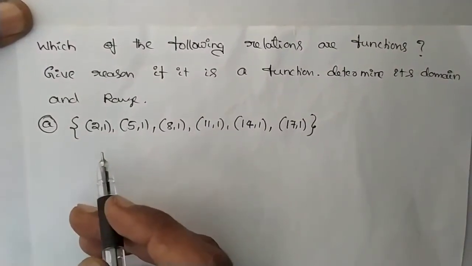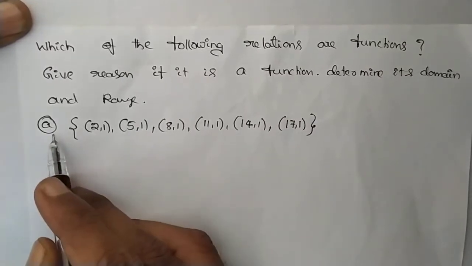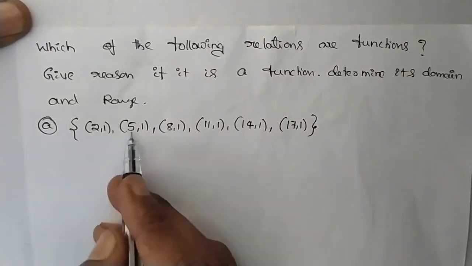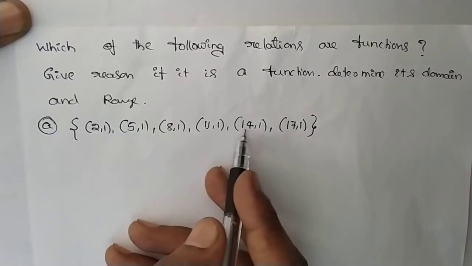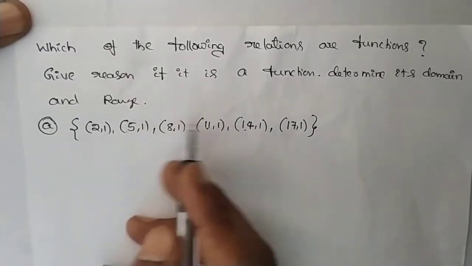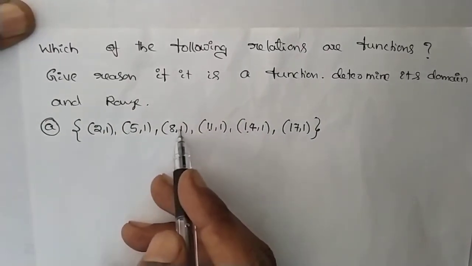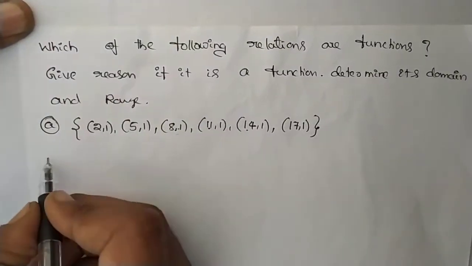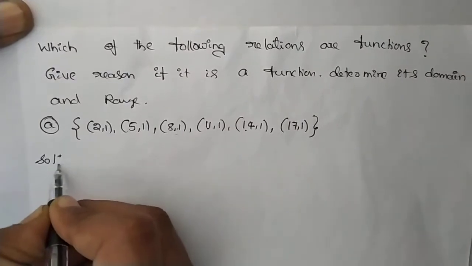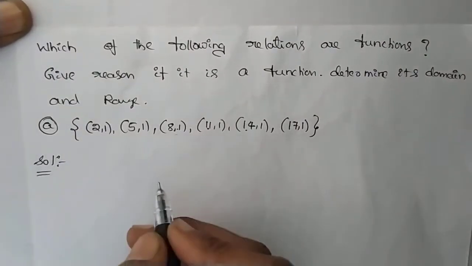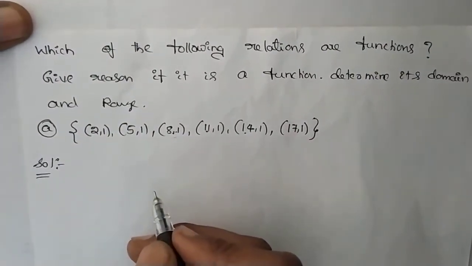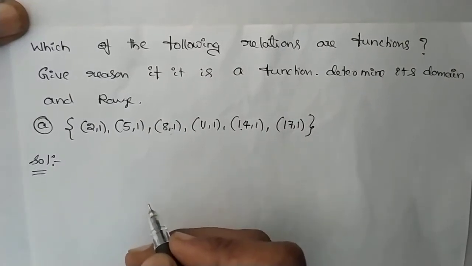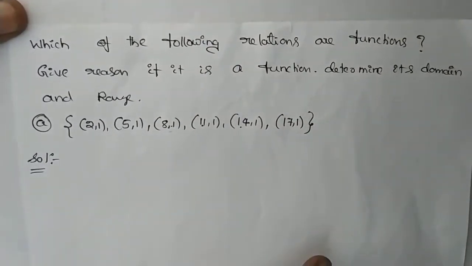Now here we have the first sub-question: (2,1), (5,1), (8,1), (11,1), (14,1), (17,1). It is a relation. Is this relation a function? In our previous class, I already told you about the function's definition along with its examples.